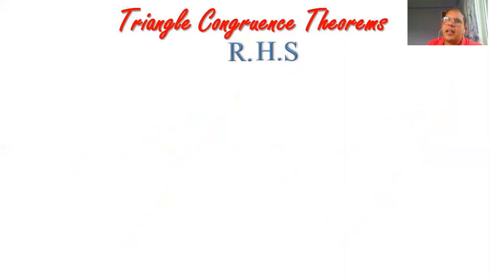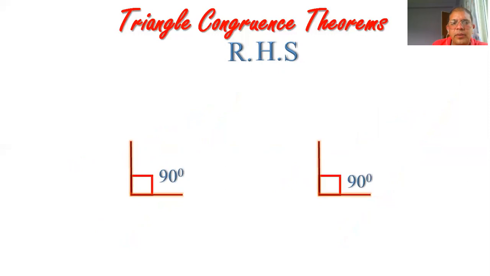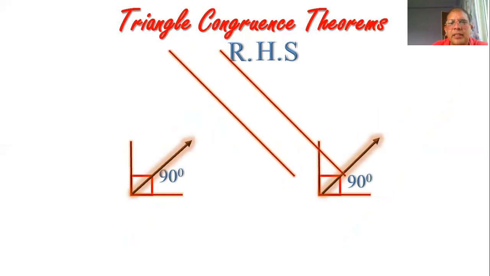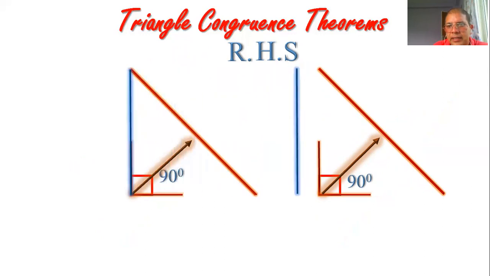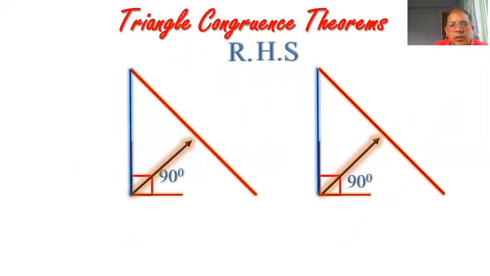Now finally it is the R.S.S. axiom. For this one, first take 90 degrees, it is a right angle, then you can take two sides, the hypotenuse, both of equal length. Then another side, take exactly the same side. Then if you form this figure, it is a triangle, and both are congruent by R.S.S., right angle, hypotenuse and side.